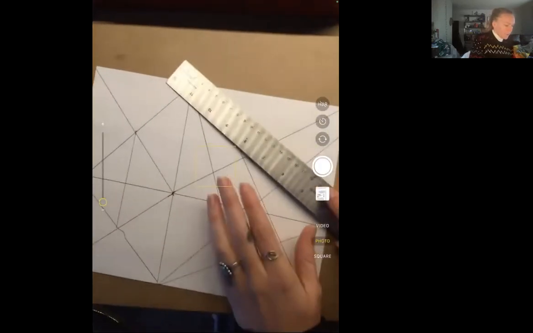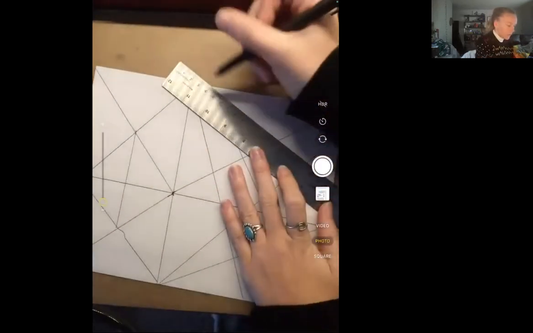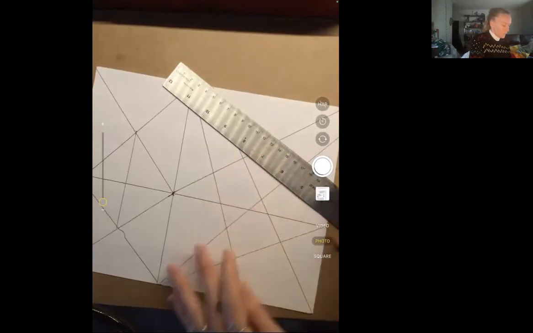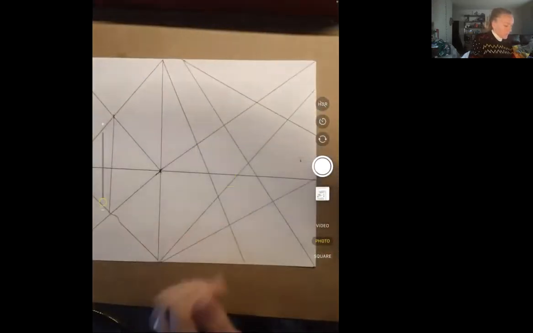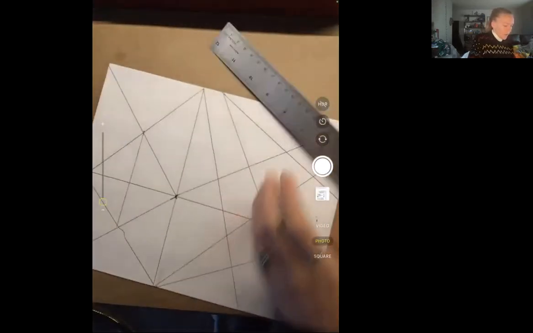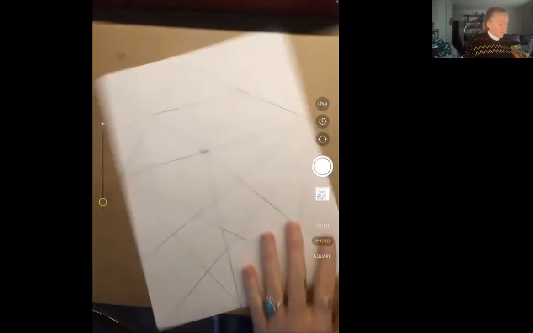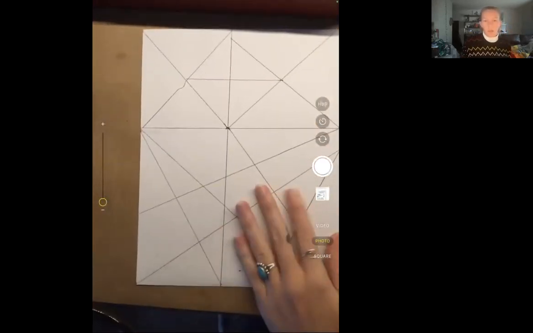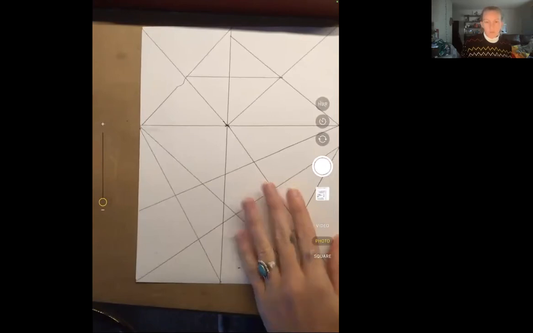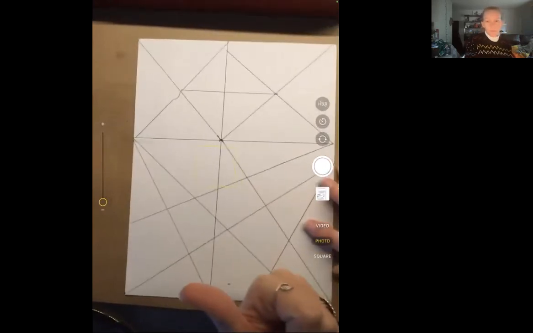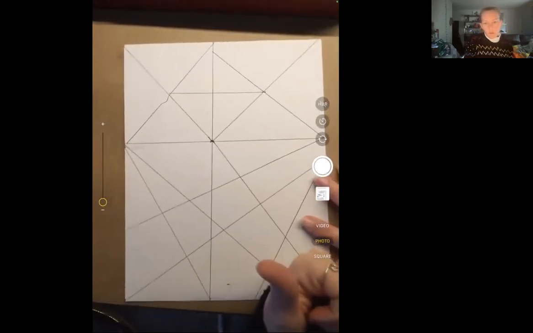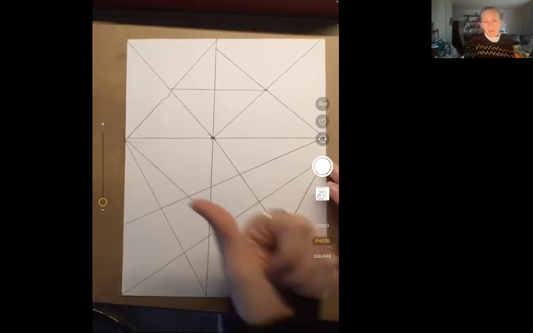Okay, and when you think you have enough lines, give me a thumbs up and I will tell you what we are doing next. So I feel like I have enough here. Give me a thumbs up when you've got this. Try your best.